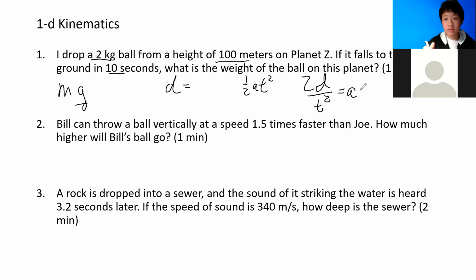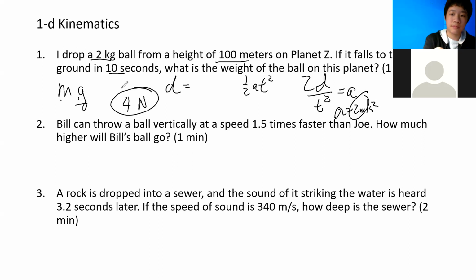Okay, so solving that, we have 2 times 100 divided by 100, which will equal 2. Now we'll just do 2 times 2, because 2 is our mass, and then 2 is our acceleration, 4 newtons. That's the weight of the ball.